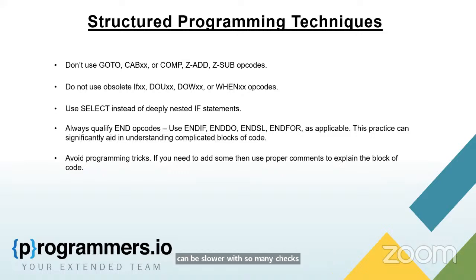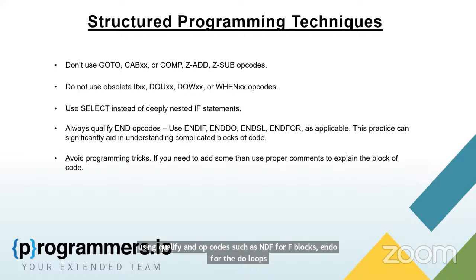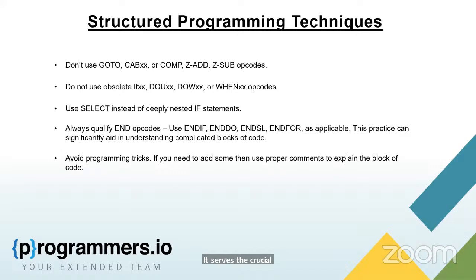The fourth point is that we should always use qualified end opcodes, such as endif for if blocks, enddo for do loops, and endfor for for loops. They serve crucial purposes beyond just readability and maintainability, because these qualifiers explicitly represent the boundaries of each control structure, which clearly indicates which block of code is associated with which statement.